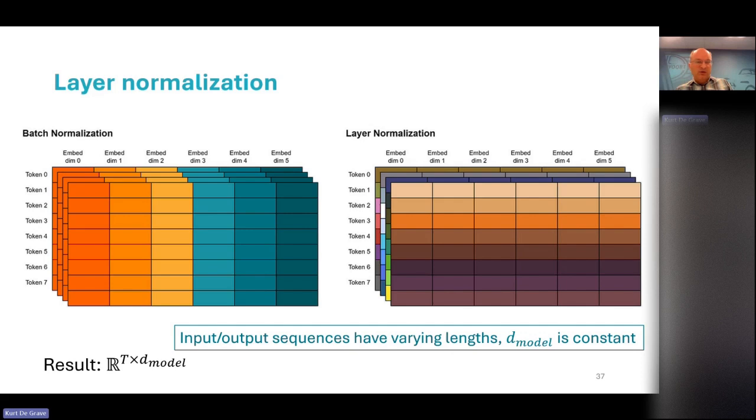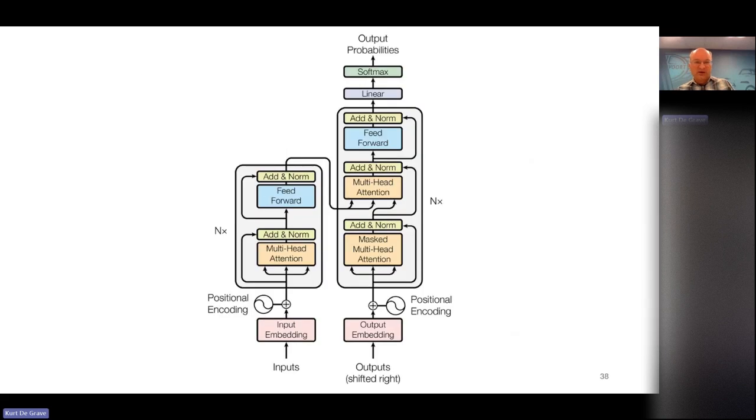And this works surprisingly well. It turns out you don't need batch normalization for a transformer, and in fact, layer normalization works better. This also doesn't change the representational width of the model.